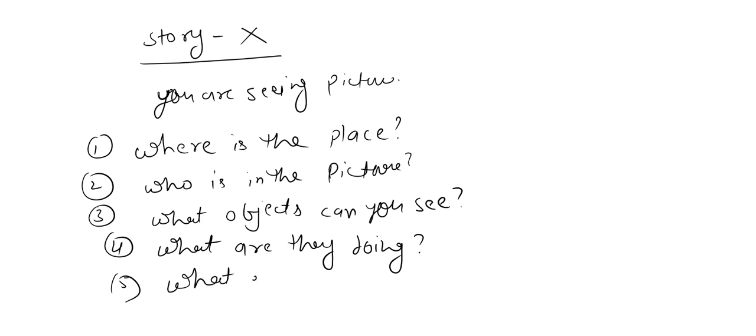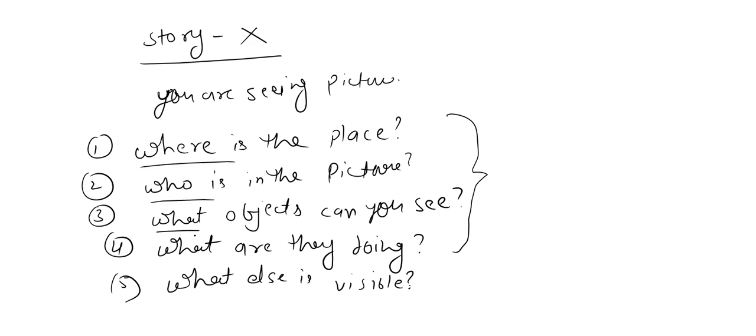So ask yourself these five questions before writing the Chitravarnan, and based on these you can understand how to write it. If you answer these five questions, your Chitravarnan is almost completed.